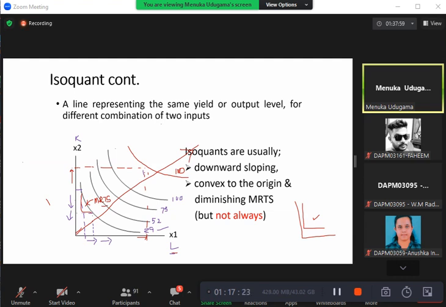Right, so two things. One are the constraints in production. Mainly, it's the budget we have to spend, the cost of production, which mainly depends on the prices of input. Here, price of X1, price of labor, and price of capital.